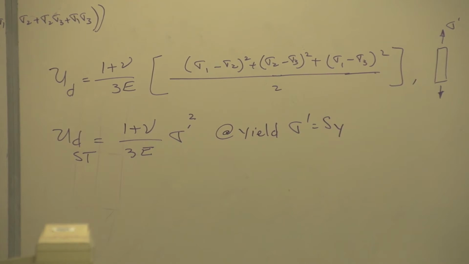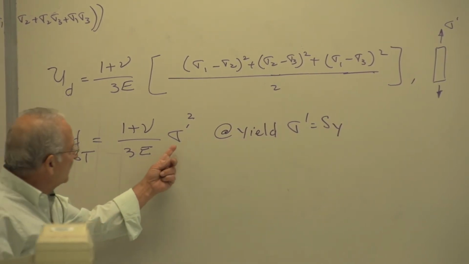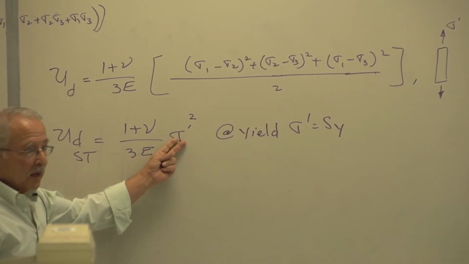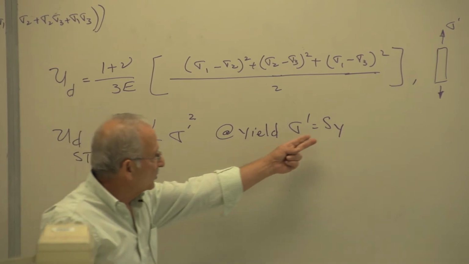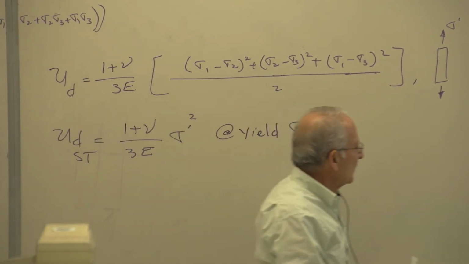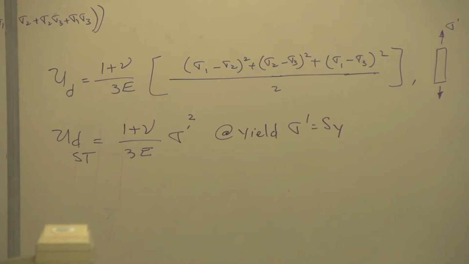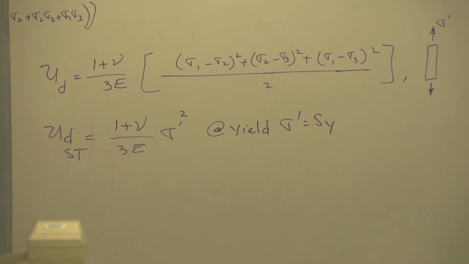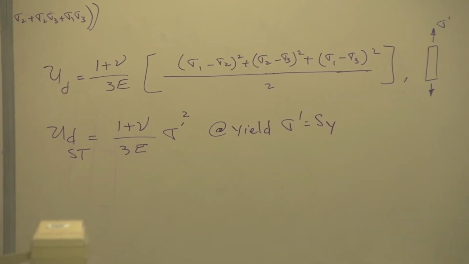So for each state of stress, all we have to do is calculate this sigma prime and compare it with the yield strength of the material. Sigma prime can be found, of course, by just comparing those two equations. The two must be equal.